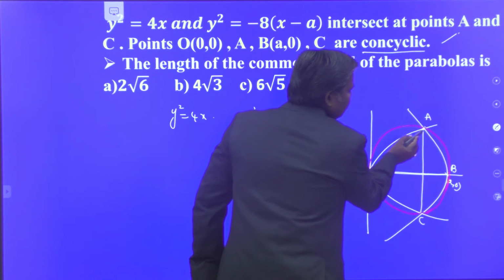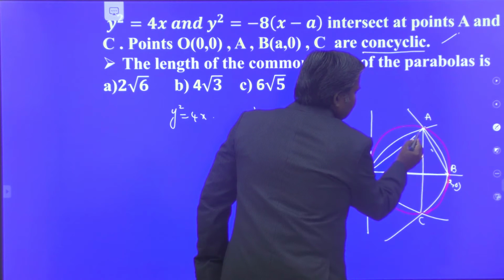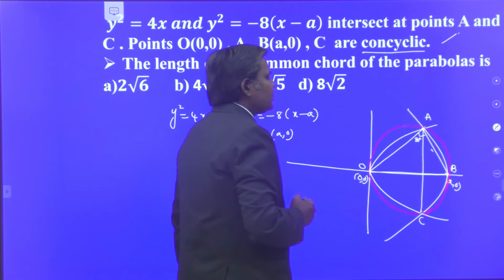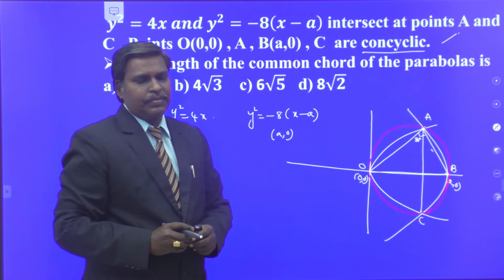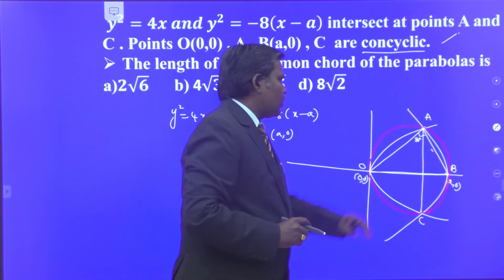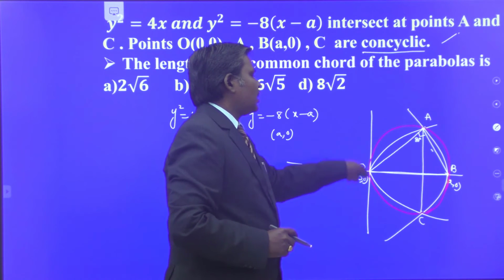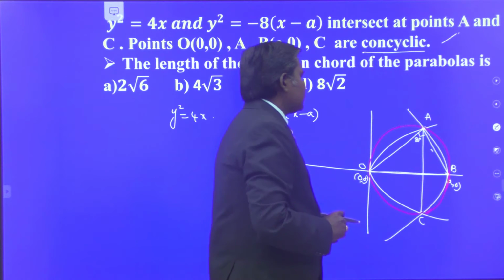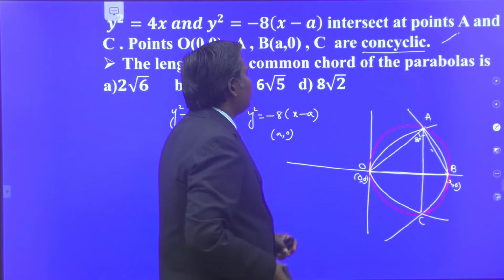Just by joining these points of intersection, this is the angle 90 degrees. Similarly, here also the angle is 90 degrees. This is the first important thing you have to observe. The curves are symmetric about the x-axis, so OB becomes the diameter of the required concyclic circle. At that time, the angle in a semicircle is 90 degrees. Angle A equals 90, angle C is also immediately 90.